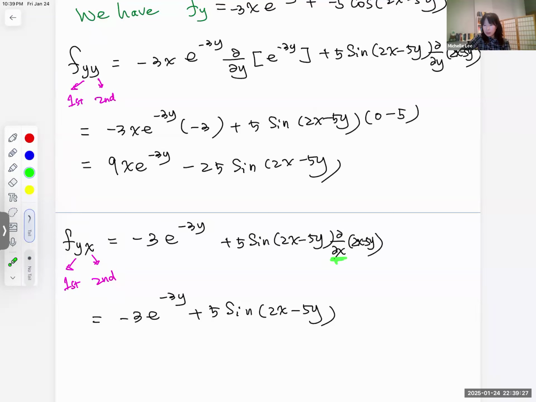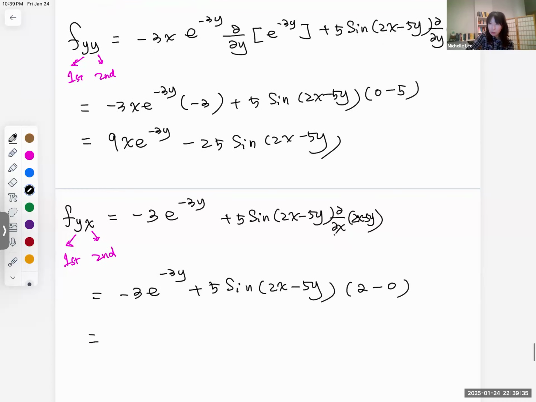Derivative with respect to x, just positive 2, right? So positive 2 minus 0. So that will be negative 3 e to the negative 3y plus 10 sine 2x minus 5y. Yeah, okay.